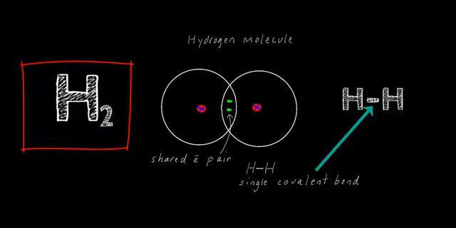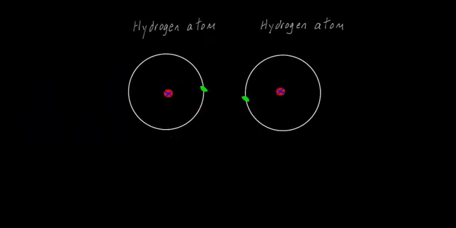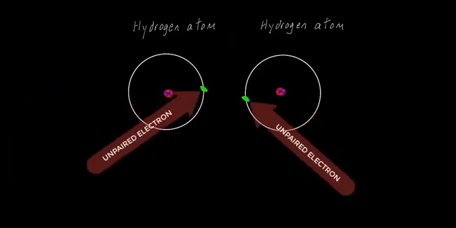Covalent bonding takes place between non-metal atoms. If you look at the way I have drawn these non-metal atoms, what you should see is electrons that are not in pairs. We call these unpaired electrons. The number of unpaired electrons a non-metal atom has is exactly the same as the number of covalent bonds it can form.